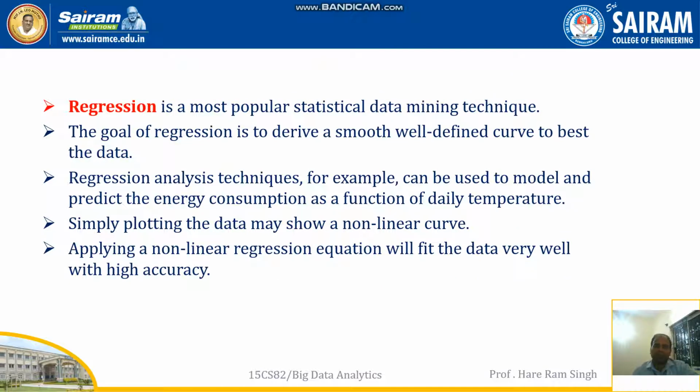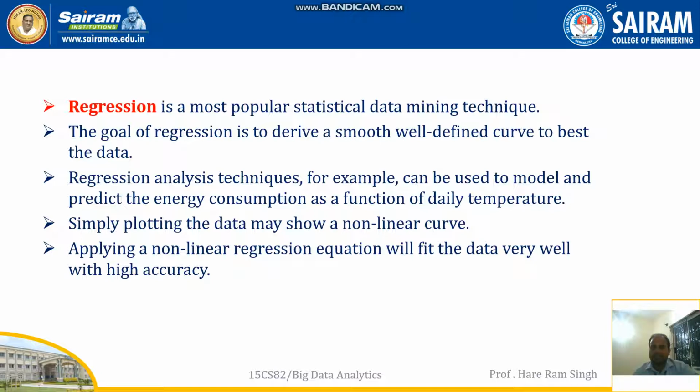Another technique is regression. Regression is the most popular statistical data mining technique. It shows the relationship between two variables. Suppose x and y variables are there, then x is called the independent variable, y is the dependent variable. What is the relation between x and y? That is the regression. The goal of regression is to derive a smooth, well-defined curve to best fit the data.